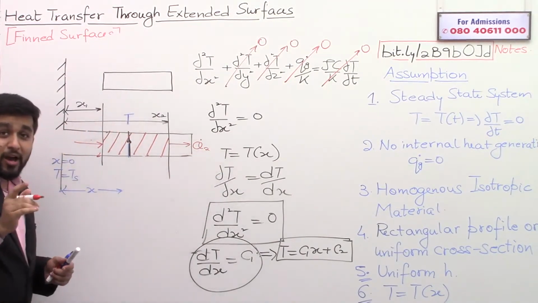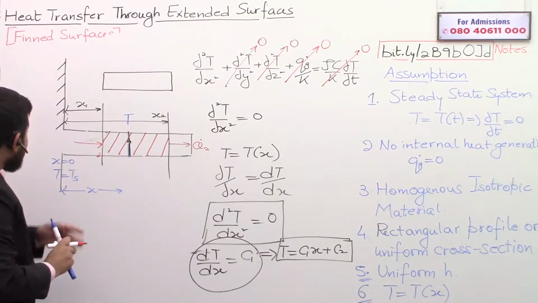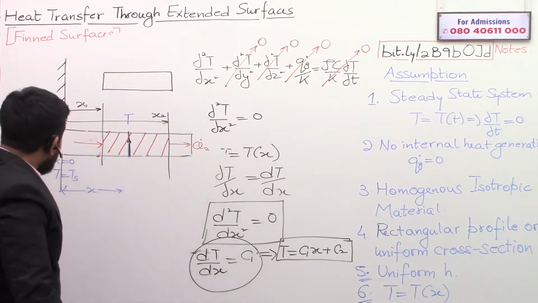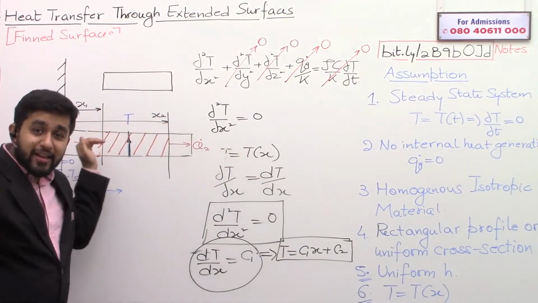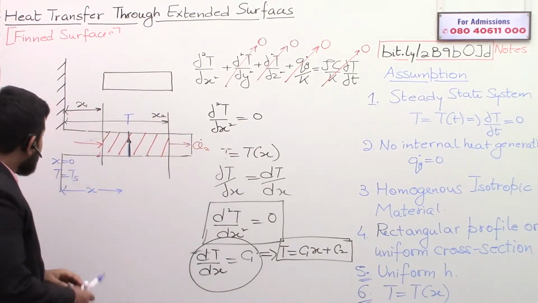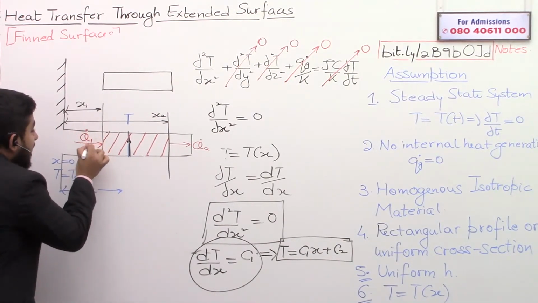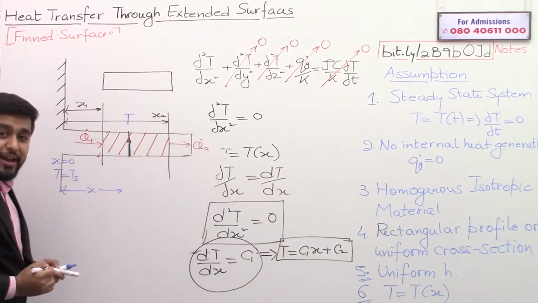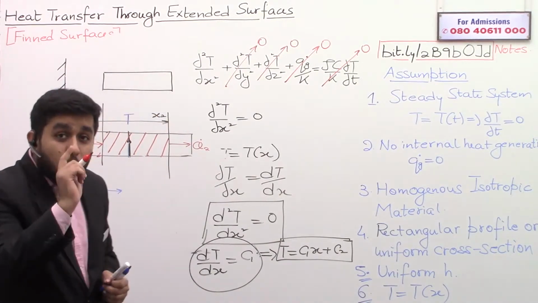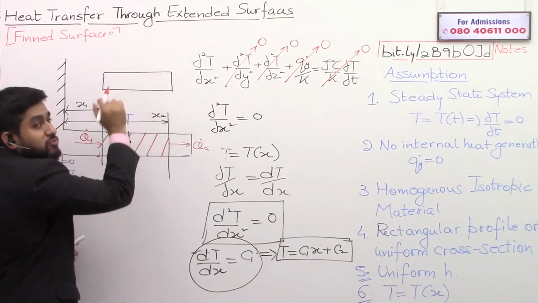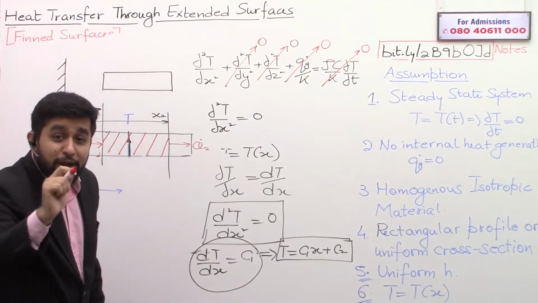Here the temperature will be high. Here the temperature will be lowest. So definitely heat is flowing inside in this direction. So what is happening? Some heat is coming inside at section 1. Some heat is going outside at section 2. And also the peripheral side of the element is exposed to the atmosphere.